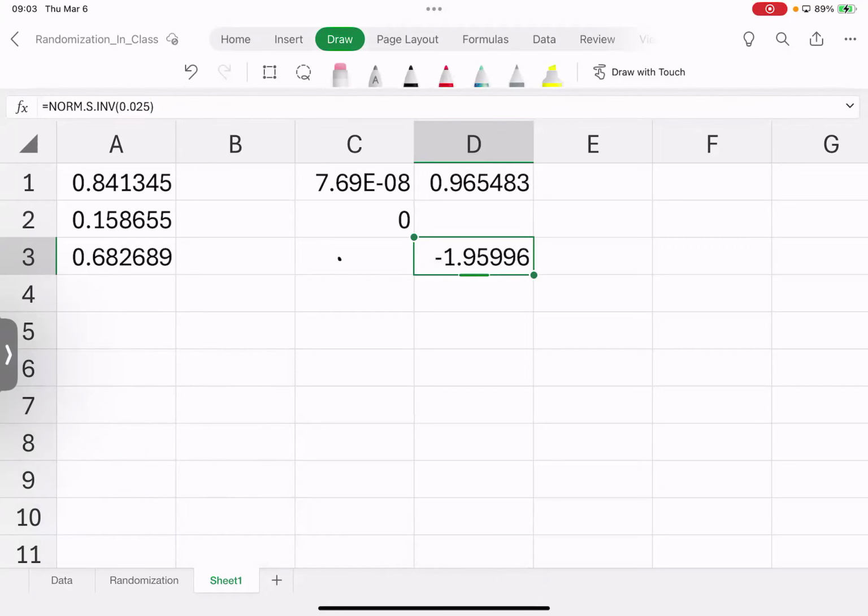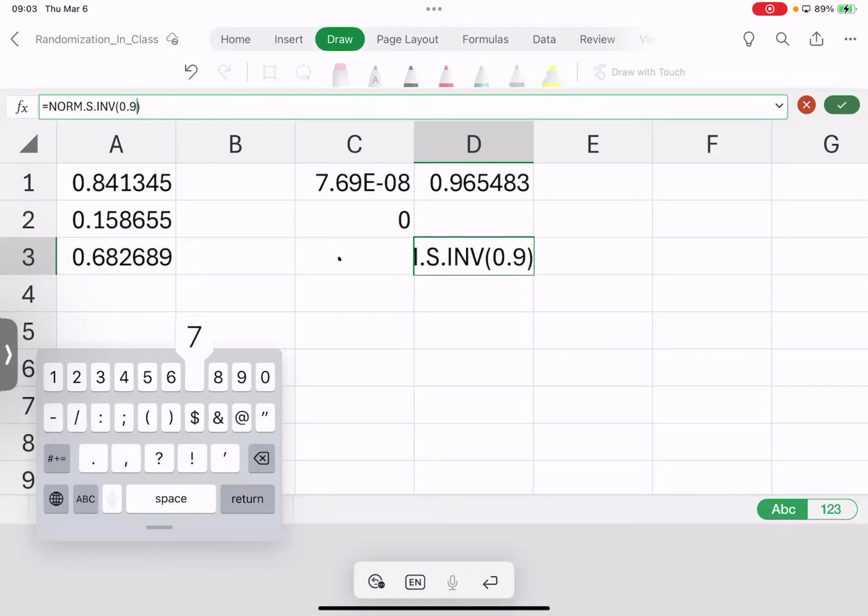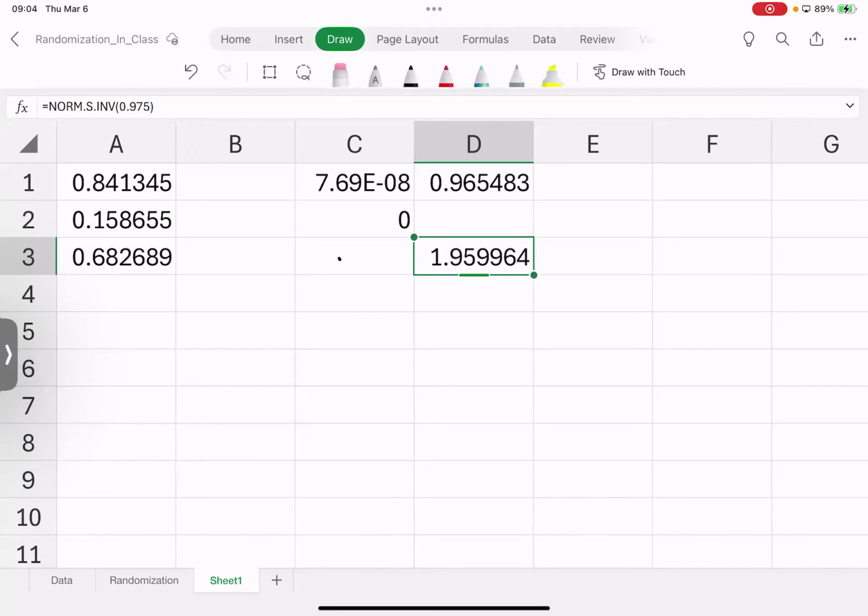Nice. By symmetry, I expect it to be the positive version for 0.975. Let's try that. 0.975. Positive version.